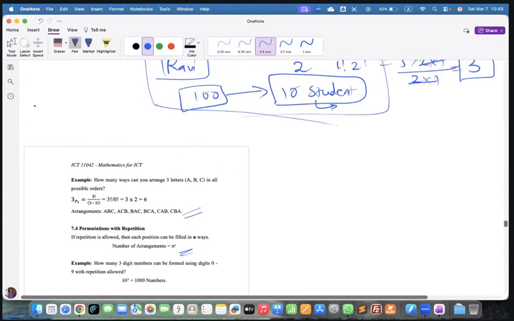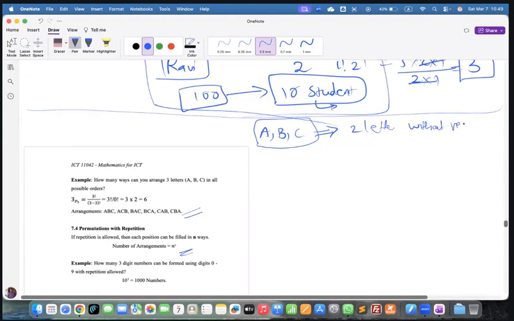I will explain the scenario. Let's say you have three letters A, B, C. In the first scenario, from these three letters, you need to make two-letter words without repetition, without repeating the same letter. nPr is the equation.